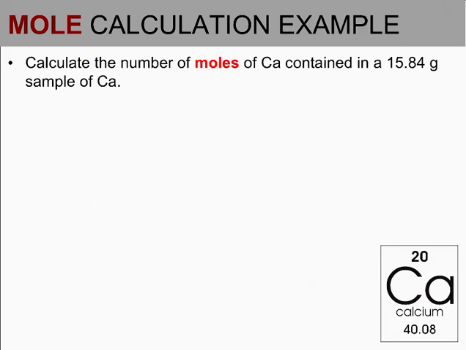So let's calculate the number of moles of calcium contained in a 15.84 gram sample of calcium. To start, let's write what we're given. We're told that we have 15.84 grams of calcium. Maybe we weighed this on a balance. Now we want to determine how many moles of calcium we have.